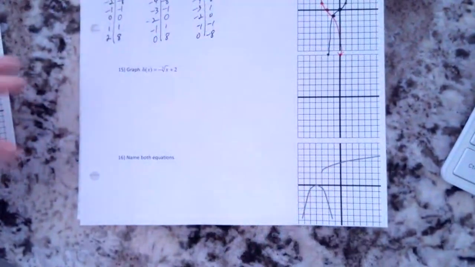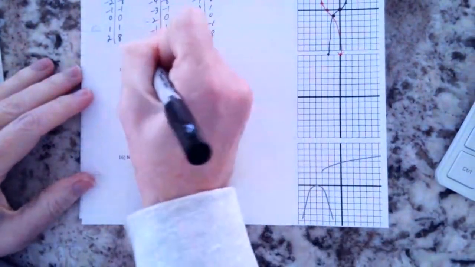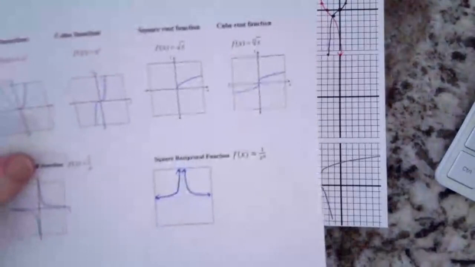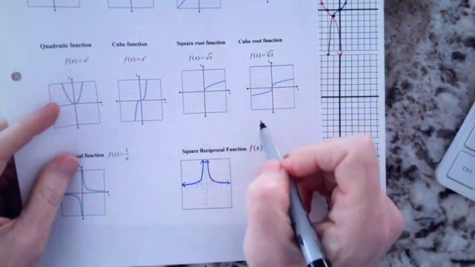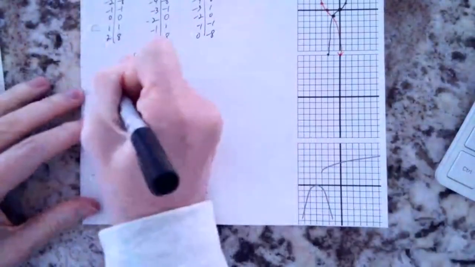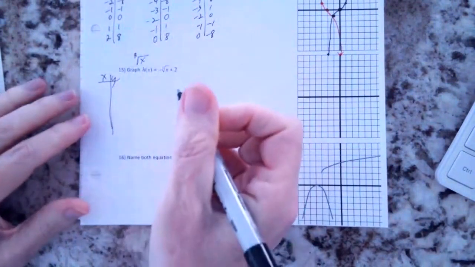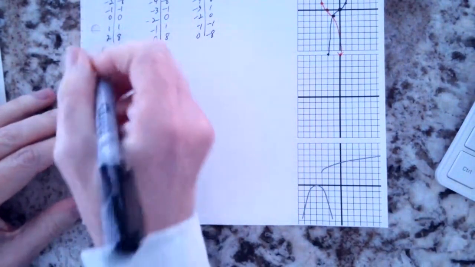Okay, let's do one last one of these little guys. We've got a cube root of x. That's our main function. That's our parent function. Let me remind you of what a cube root function looks like. Cube root is the snake in the grass, right there. So how to create this, and you will not have to, how to create this is by looking at the perfect cubes for x.